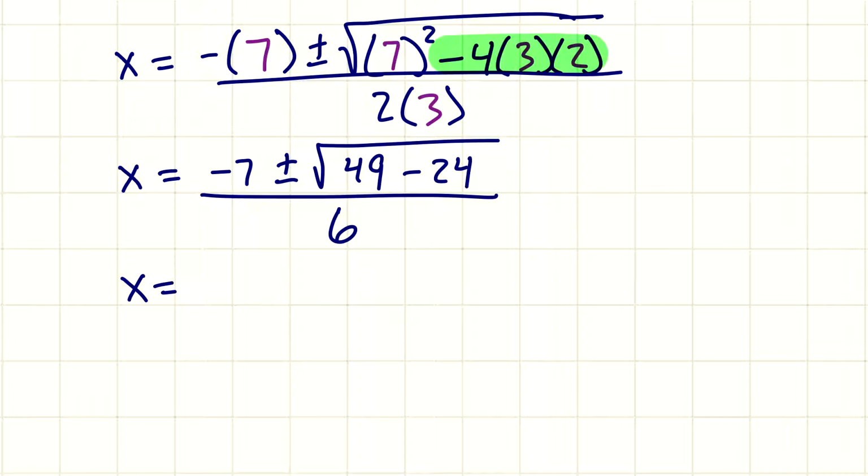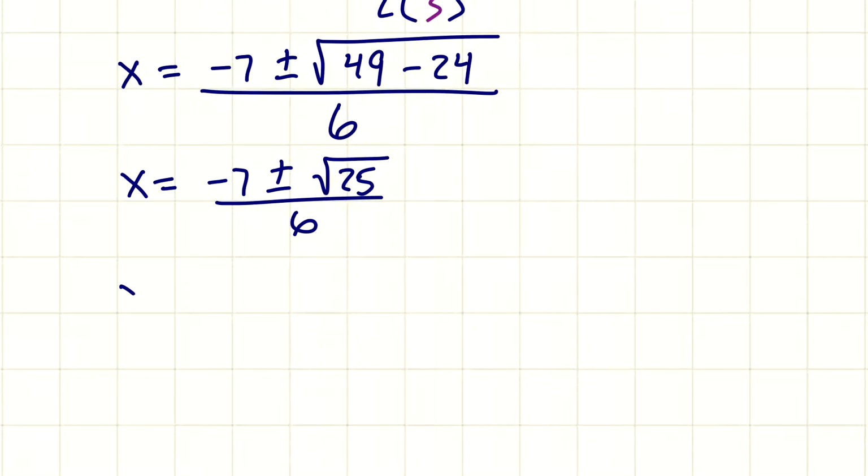So x equals negative 7 plus or minus, and we want to know what 49 minus 24 is. That comes out nicely to the square root of 25. And so that tells me that's good. So this is going to be negative 7 plus or minus 5, over 6.